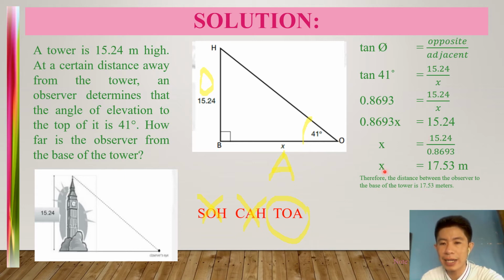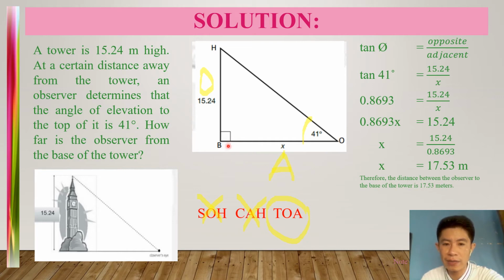Okay, so what is the value of x now? We will just divide 15.24 by 0.8693, and the answer is 17.53. You should also round off these numbers, at least to 2 decimal places. So for the conclusion, therefore, the distance between the observer and the base of the tower is 17.53 meters.